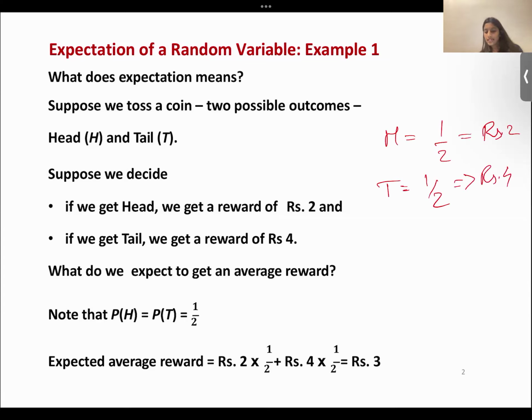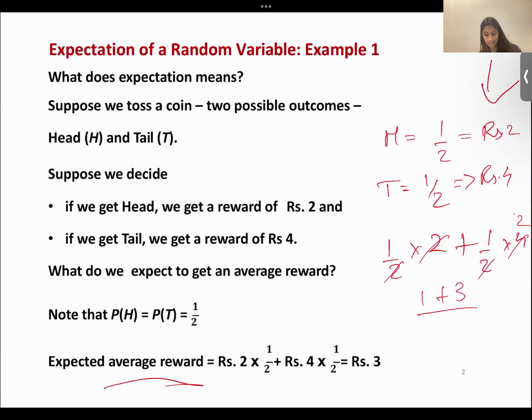So what is the expectation of the reward, the average reward here? You would do 1 by 2 multiplied by 2 plus 1 by 2 multiplied by 4. That is 1 plus 2, 3. So your average expected reward here is rupees 3.